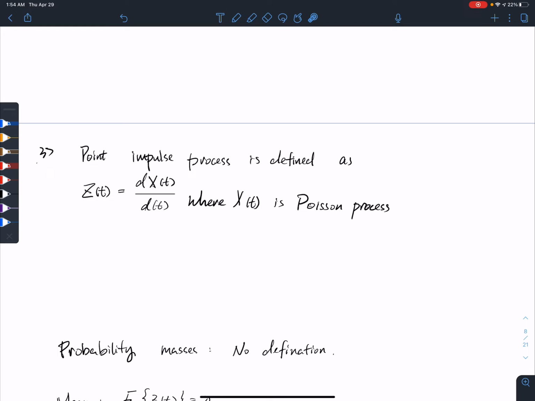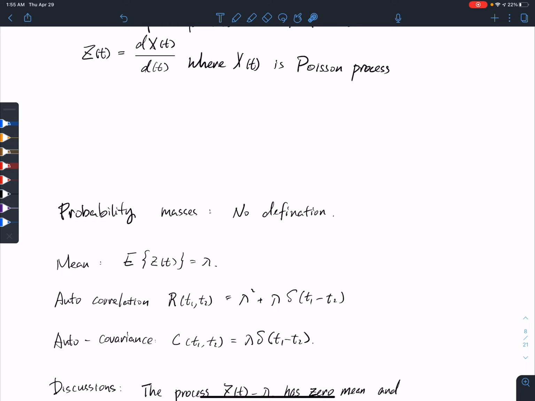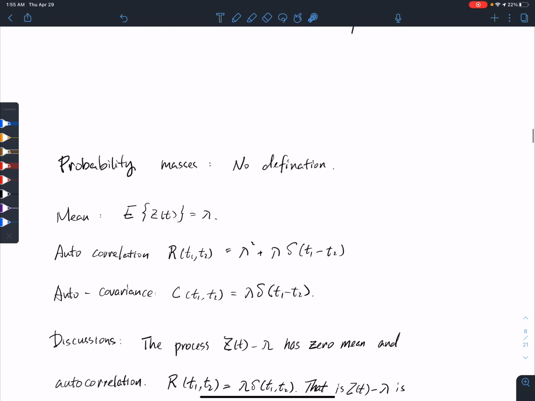Question 3. The Poisson impulse process is defined as z(t) equal to the derivative of x(t) with respect to t, where x(t) is the Poisson process. Probability mass, since it's a point, has no definition. For the mean, the expected value of z(t) is equal to lambda.